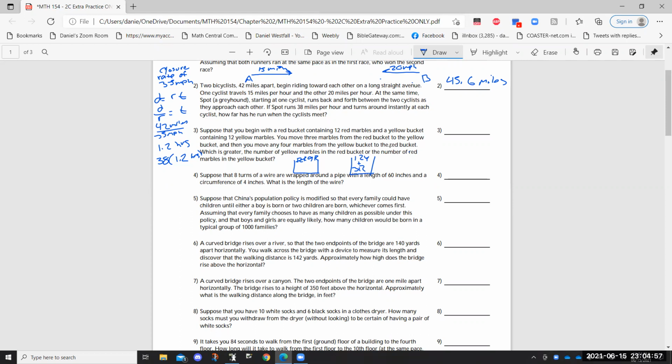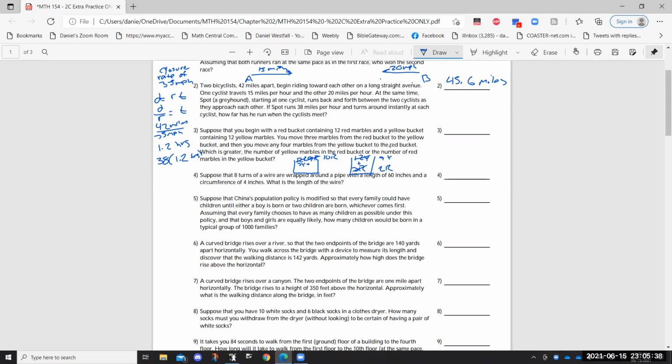So it's asking me the number of yellow marbles in the red bucket. So the most yellow that I could put in the red bucket, since that's what I'm interested in, would be to move 3 yellows over here and put 1 red back, and take 9 yellow and 2 red, right?